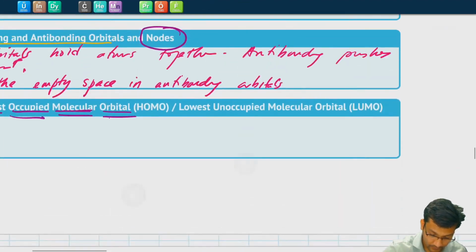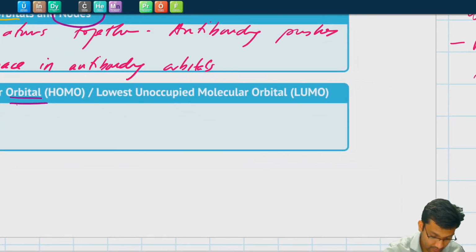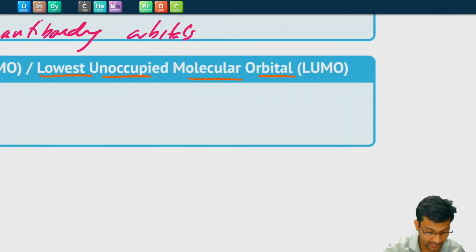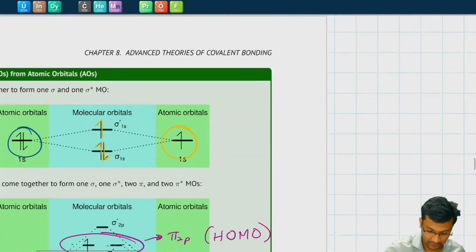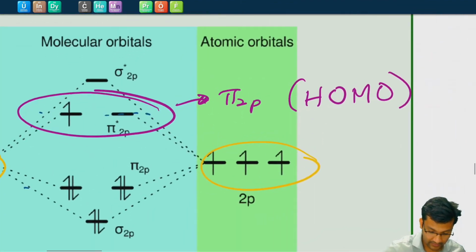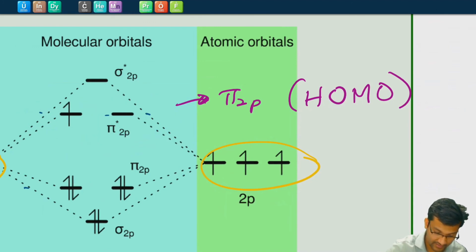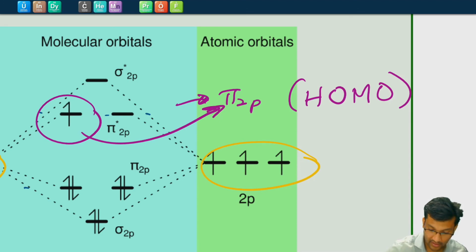Now, the lowest unoccupied molecular orbital is exactly what it says. It's a molecular orbital that's unoccupied with the lowest energy. So here we look at an unoccupied orbital. I shouldn't have circled both. I should have circled this one. That's the occupied orbital that has the highest energy.